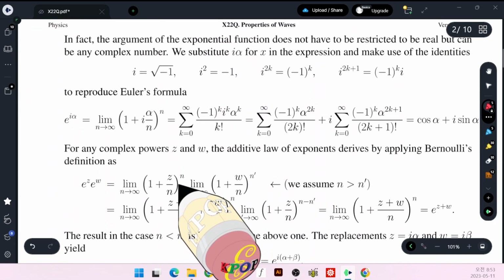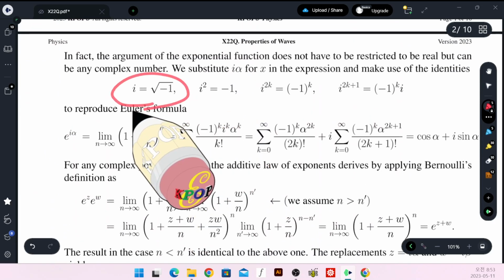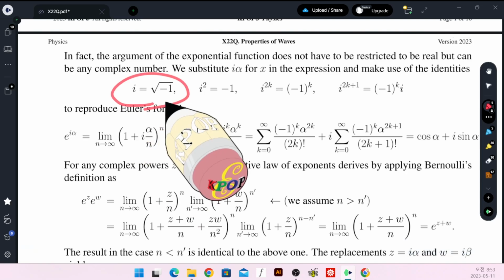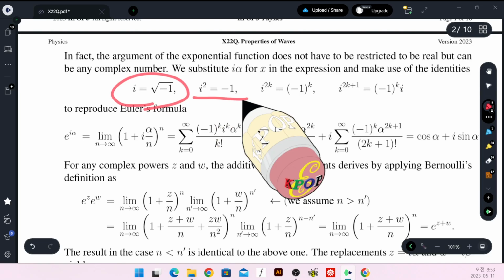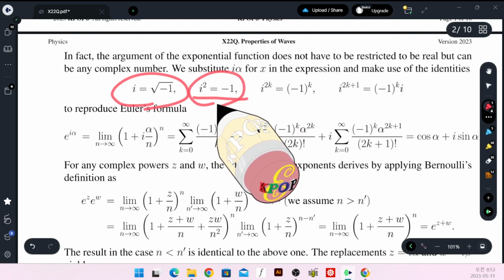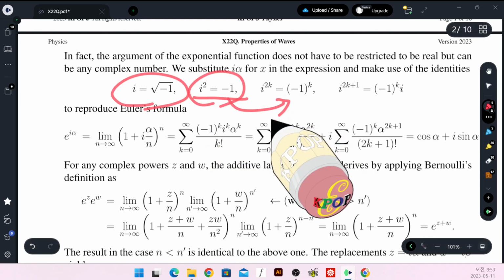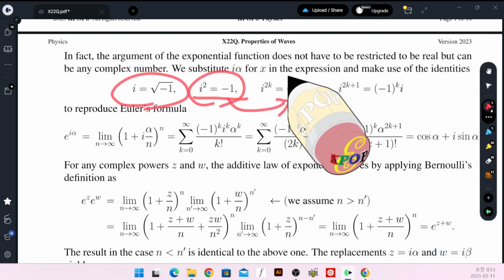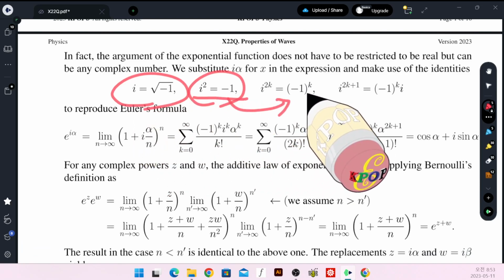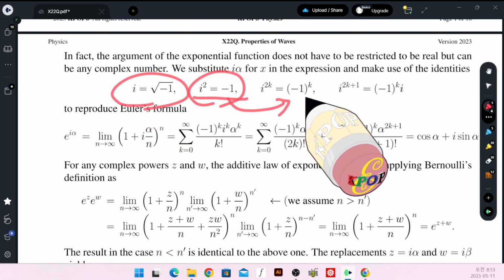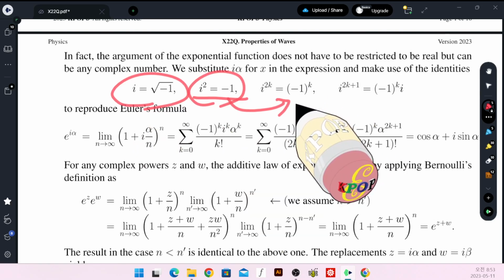In fact, i is the square root of -1, so i squared is straightforwardly obtained as -1. If you take the even power of i, it becomes -1 to the k-th power, so it flips its sign.